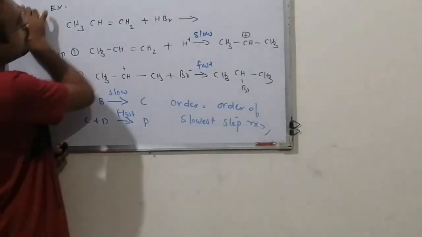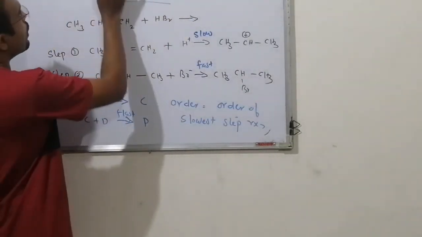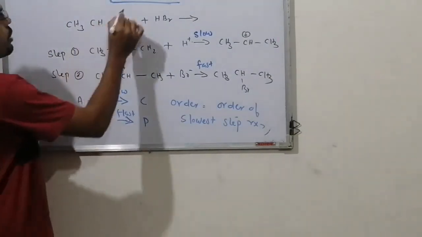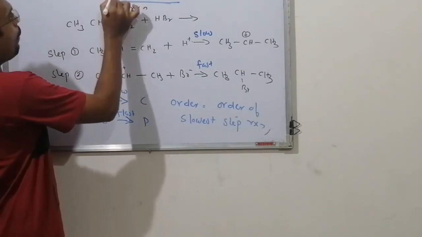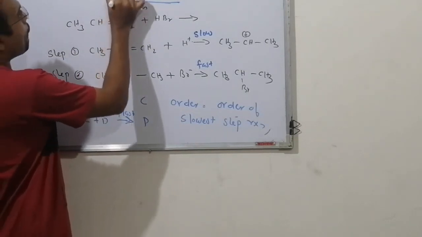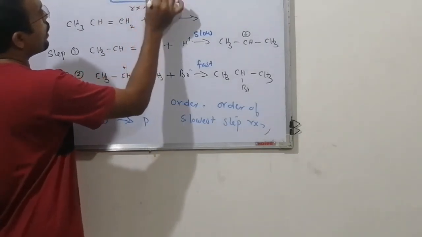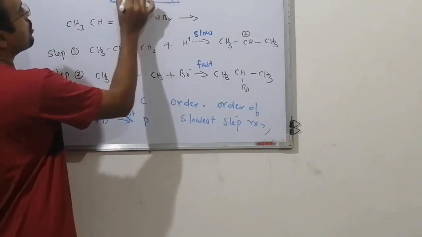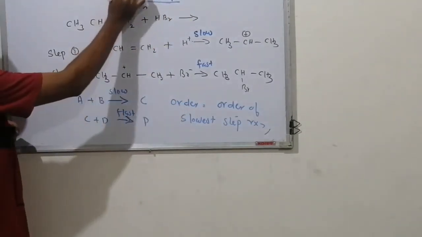When you draw an energy profile diagram of this reaction, with energy on the axis, A plus B, this is C, this is P. This is the activation energy of this step and this is the activation energy of the other. Which has the higher activation energy?